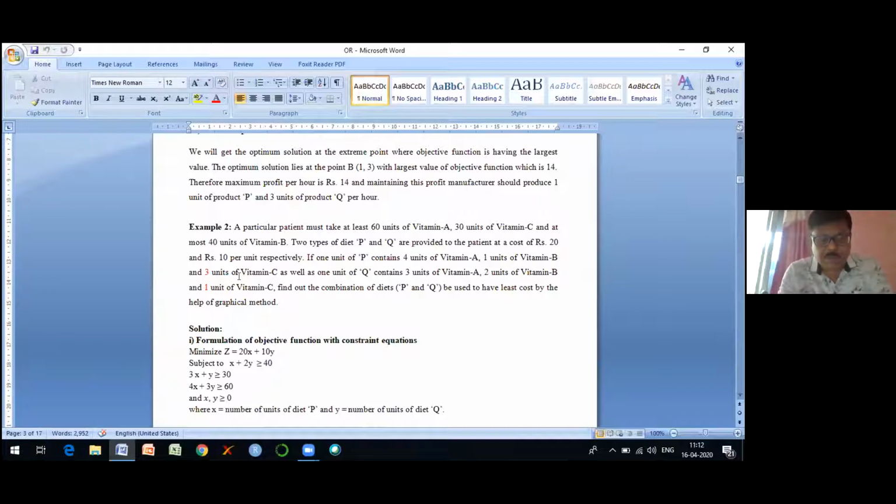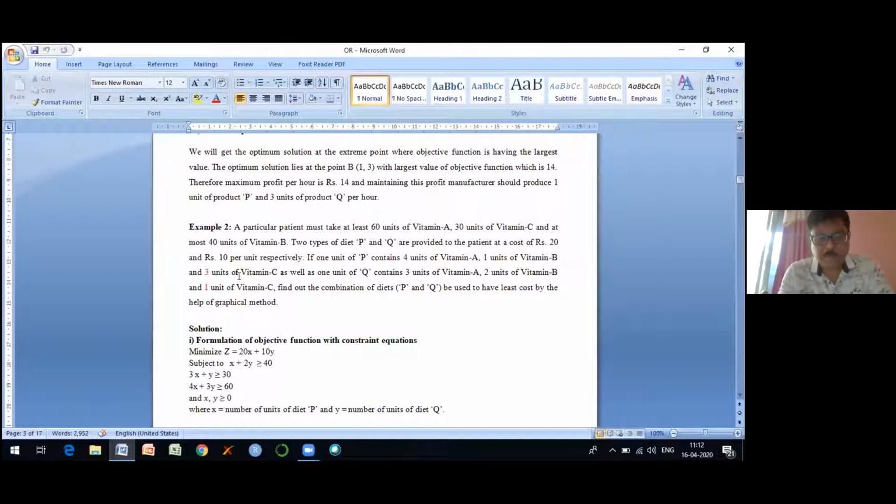So the problem is: a particular patient must take at least 60 units of vitamin A, 30 units of vitamin C, and at most 40 units of vitamin B.